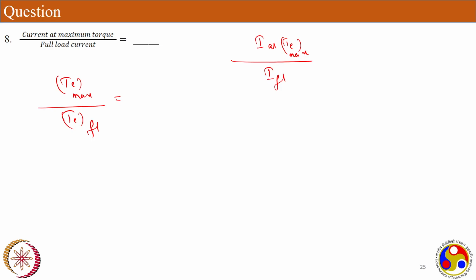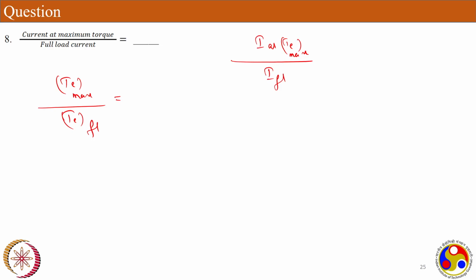So this is what you require, and the required ratio, the I at Tmax divided by IFL, is equal to the square root of 2 times 0.16 divided by 0.0429. So if you calculate it, you will get the factor ratio around 2.73.